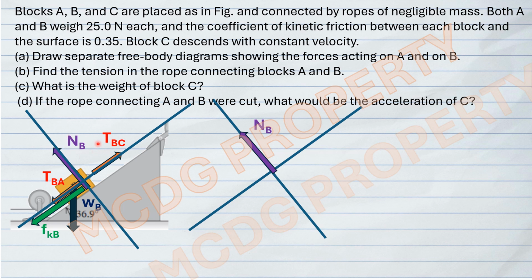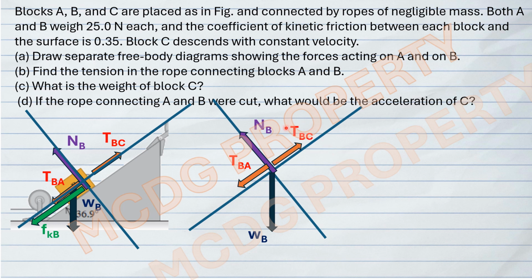The normal force will be along the positive y-axis. The weight of block B, if you look here, will be directed downward, and it will be, as you can see here, on the third quadrant. The tension between A and B is along the negative x-axis.